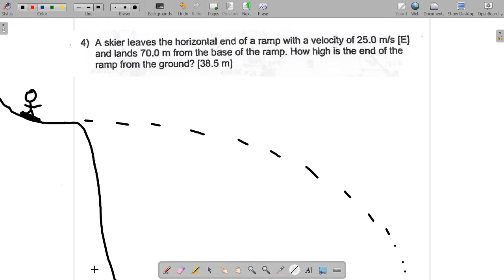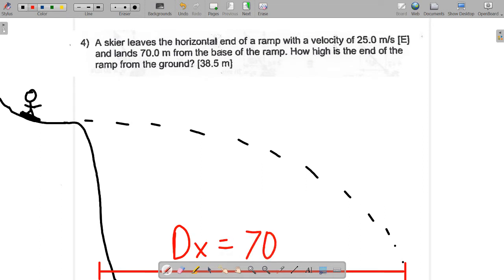So the distance from here to here is approximately 70 meters. So that's our distance in the x direction, 70 meters.